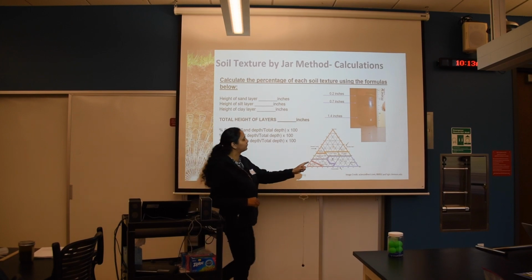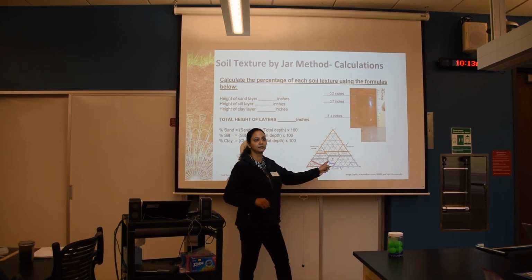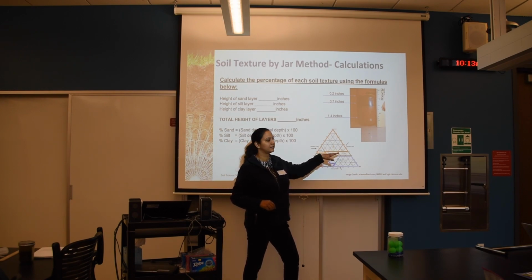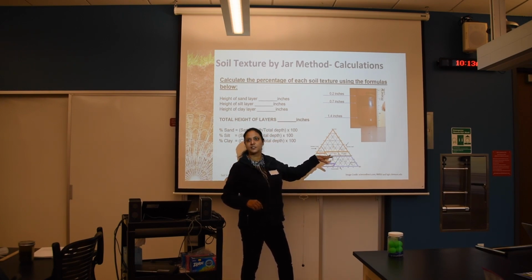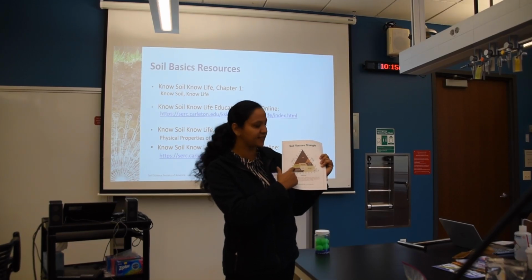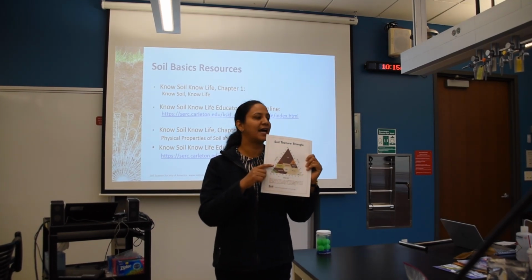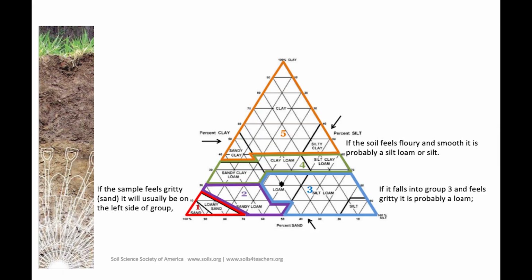Then the silt will go along these lines. Then the clay will be the horizontal. And tell me which group, which class it falls. So it falls here in the sandy loam. Make sure the percents always add up to 100%, and that's where the triangle will take us to.